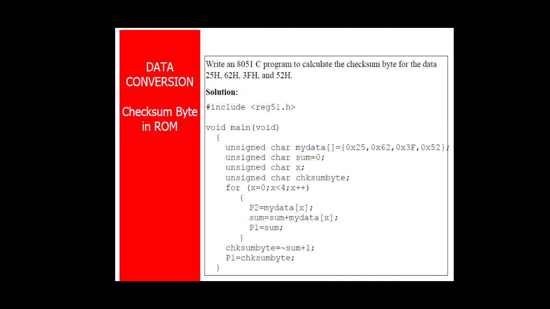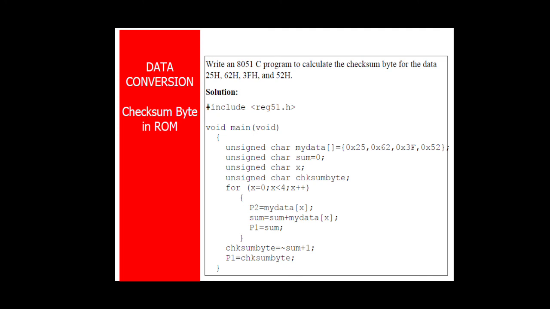Now we are going to do it using the C program. So you need an array to store all the 4 hex values, and that array is declared as unsigned char. Then you have one variable sum, because we need to add all these 4 numbers. We need another variable x, and we need a variable checksumbyte where we are going to store the checksum byte value.